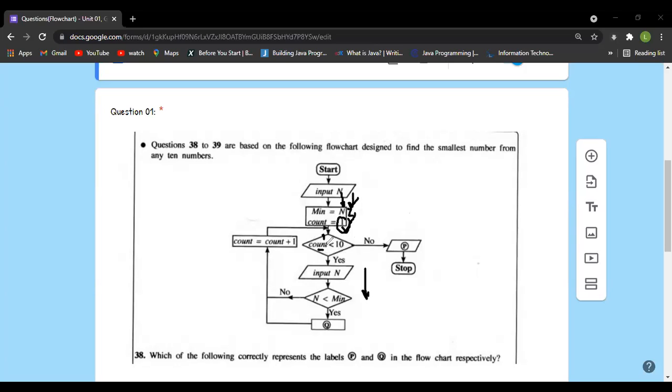If it does not satisfy, I'm not talking about this number, they are talking about the count. If they have given the count as 11, 11 is lesser than 10 is wrong. It is false, right? So this will go this way. No. And then there'll be an output, and the program will stop.